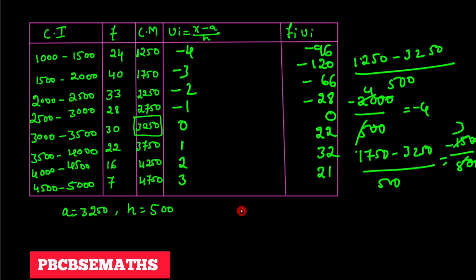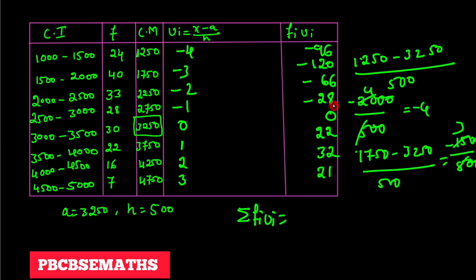So let's find the summation of FiUi, which is equal to minus 96 minus 120, that is minus 216. Minus 216 minus 66 gives us minus 282.